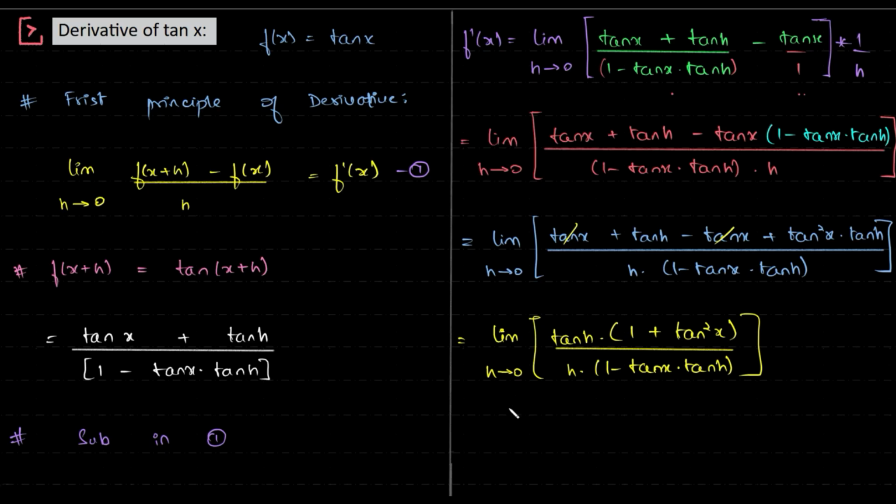So what I can do is rewrite them in the following manner. Limit tan of h by h as h tends towards 0 into limit h tends towards 0, this is secant square x, and this entire expression is divided by 1 minus tan of x into tan of h.